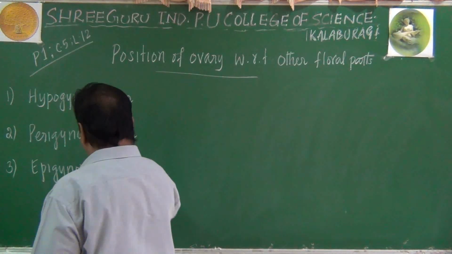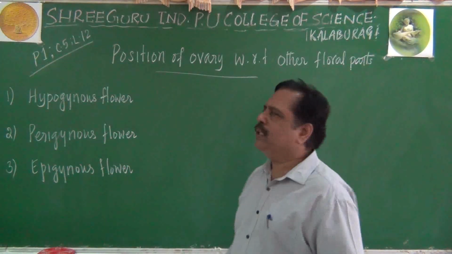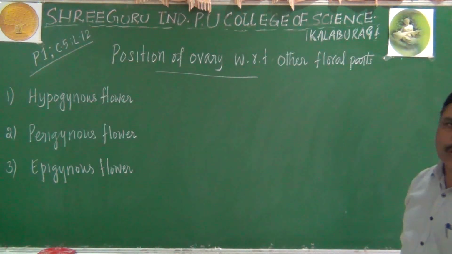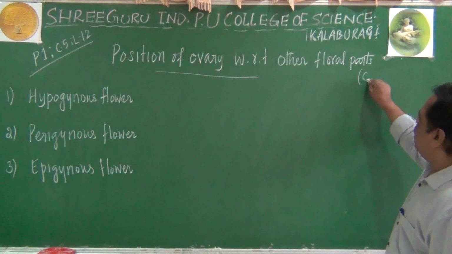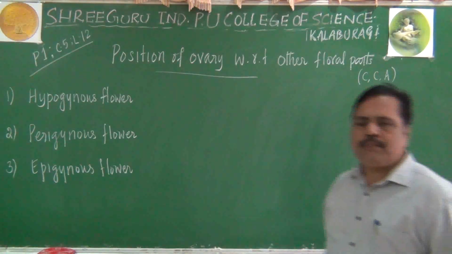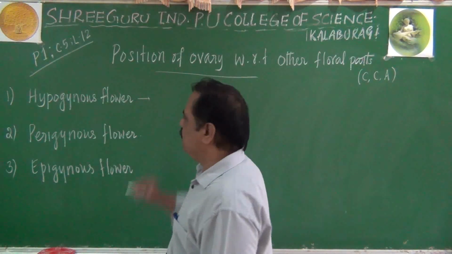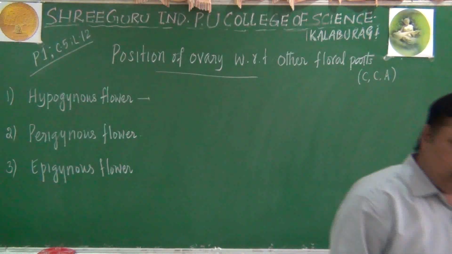So, 3 types of flower we can describe on the basis of position of ovary with reference to other floral parts. What are other floral parts? Calyx, corolla and androecium. With reference to these, we are going to see how we can differentiate the 3 types. Very important, try to listen here.